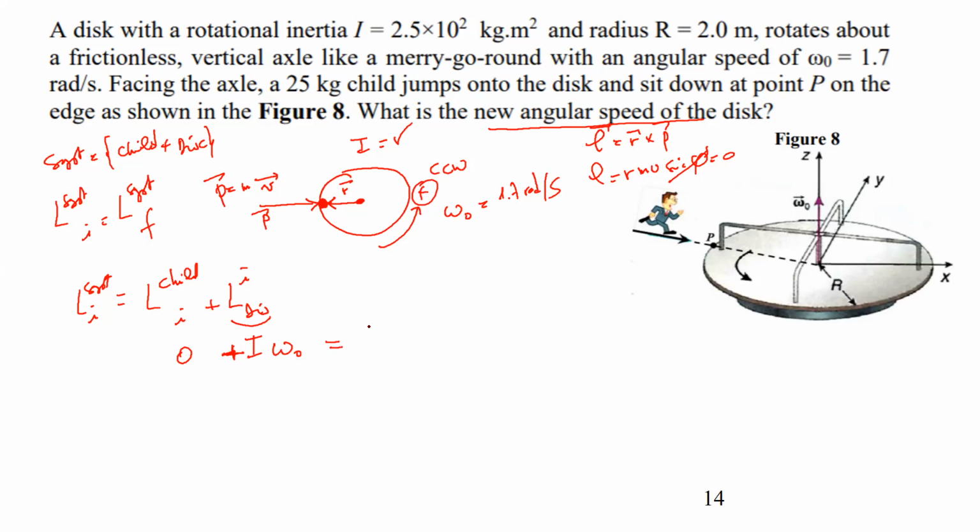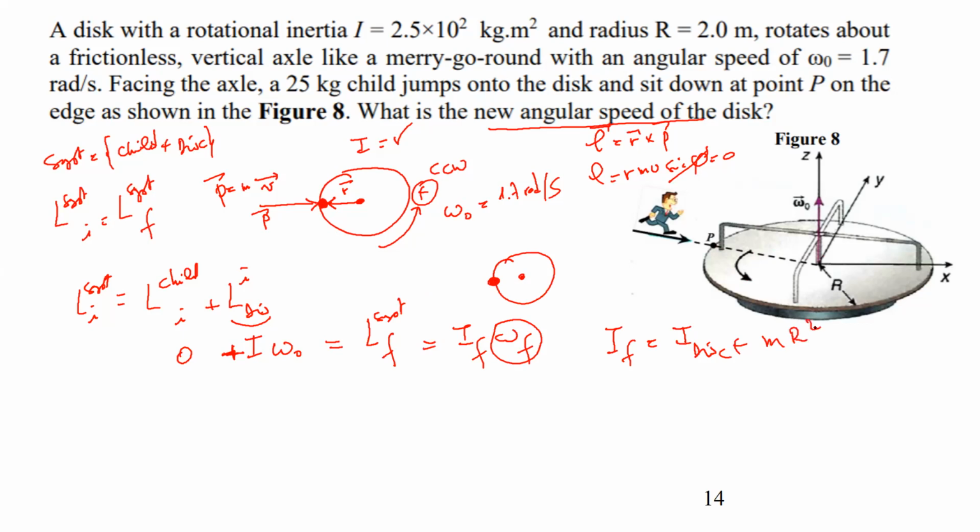Now, angular momentum final of the system is just the merry-go-round plus a child of 25 kilograms sitting at the edge. So it will be I final omega final, and what I want is this omega final. I final will be I of the disk plus the mass of the child, at distance r from the axis of rotation, r squared.